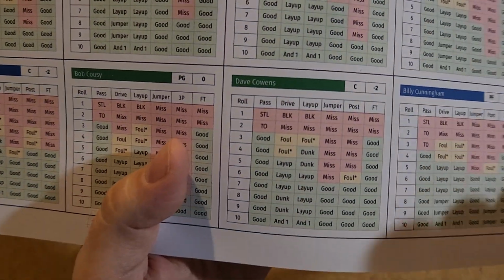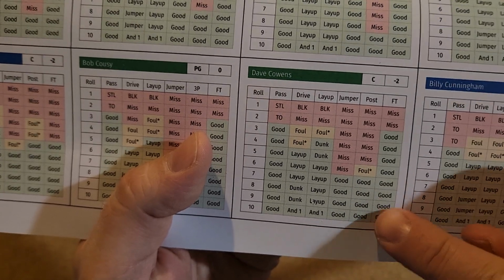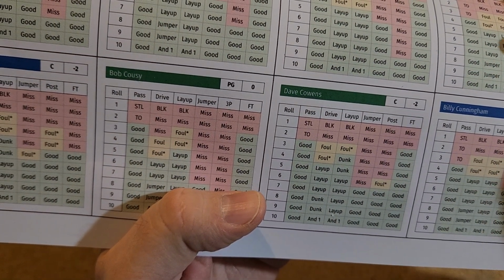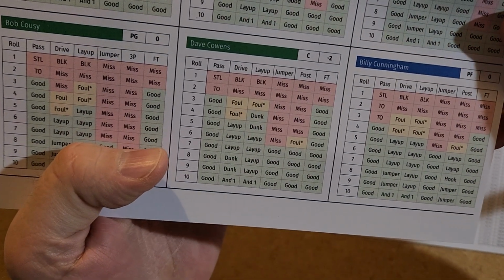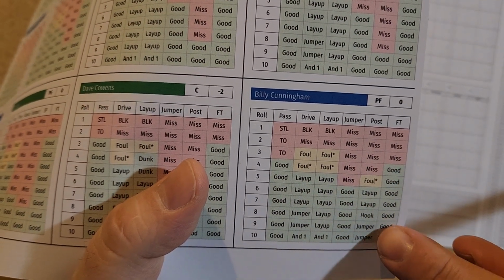Same thing with Dave Cowens, right? So Dave Cowens has, maybe I didn't go through for him. I guess some of these I still need to change, but you can see Bill Cunningham here. He's got a hook, he's got a jumper.